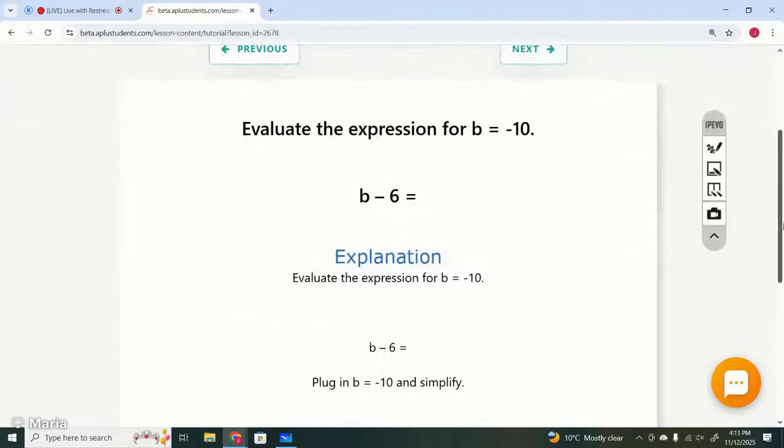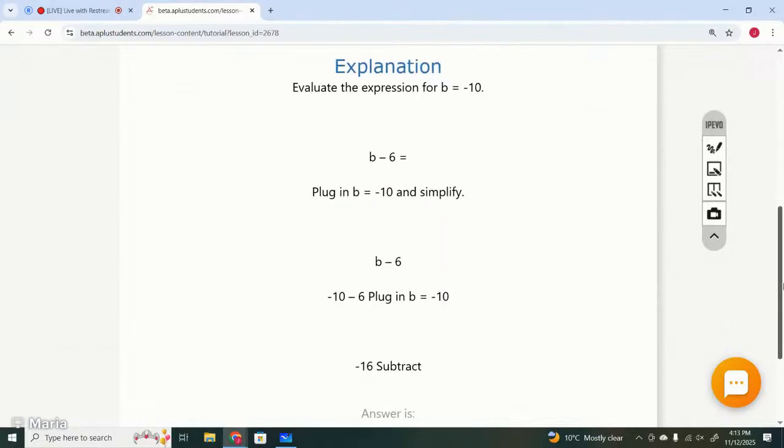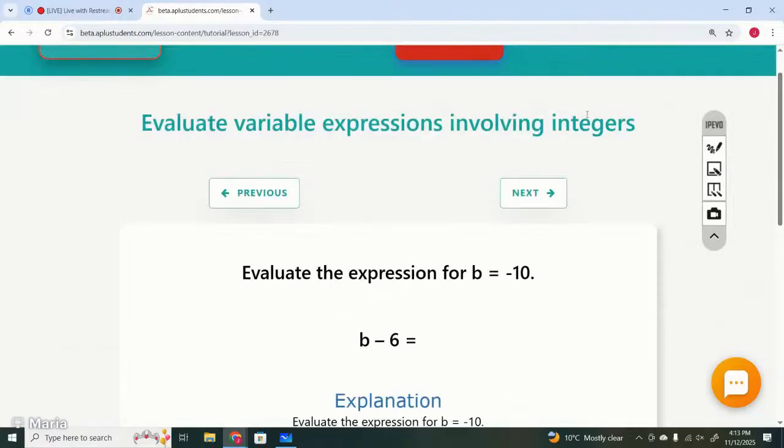So that is negative 10 minus 6, right? Negative 10 minus 6 makes negative 16. So negative 16 it is. Let's start with the test questions.